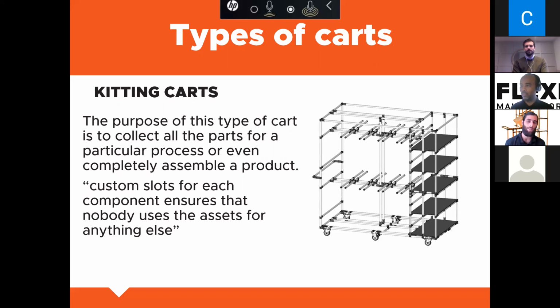The nice thing about them is to think about custom slots that ensure those parts are there for that particular reason. Therefore, nobody else will be able to take them because they pertain to a particular process. So this is one of the types of carts that you will commonly see and use when building carts for your facilities.